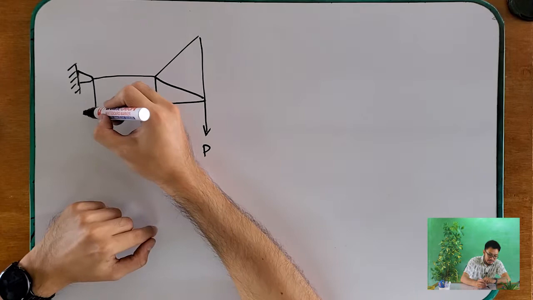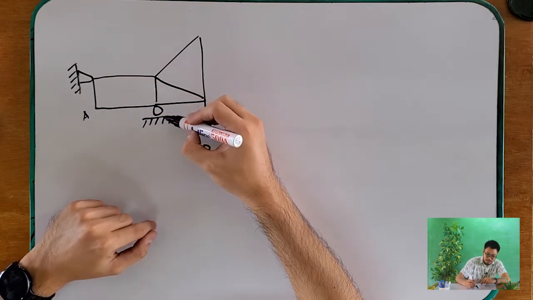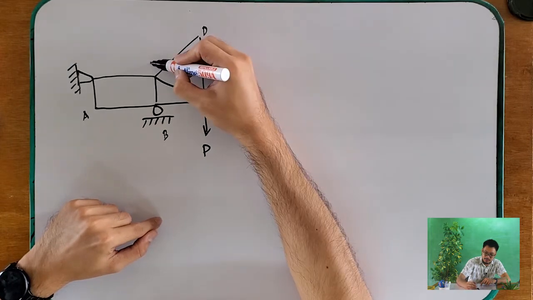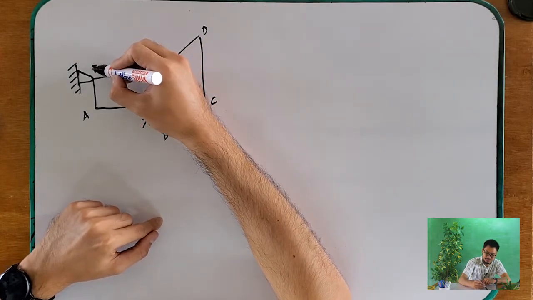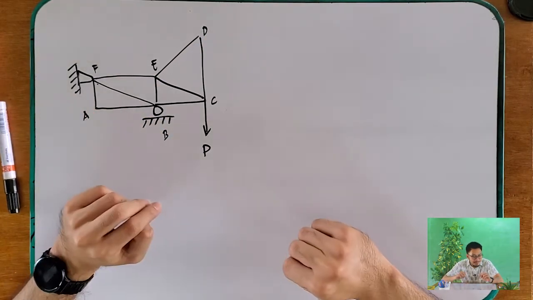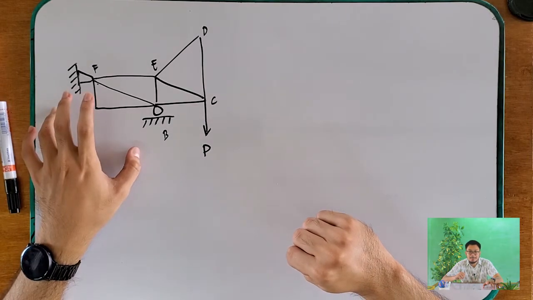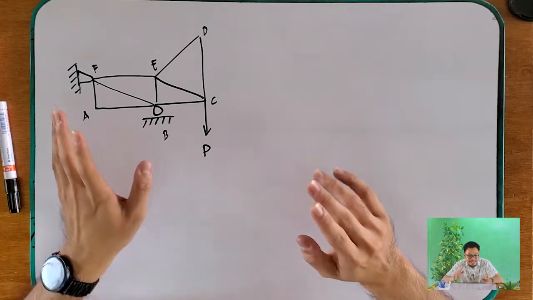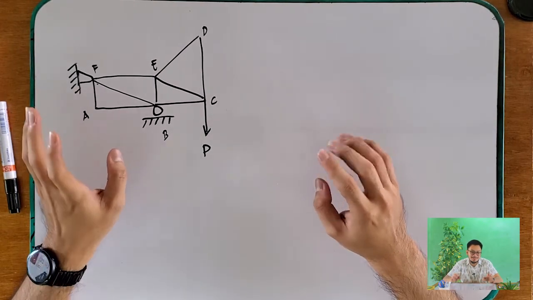So this one is A, B, C, D, E, and F. So na zero force members aning atong truss dere. Okay? And how can I know nga na zero force members dere?